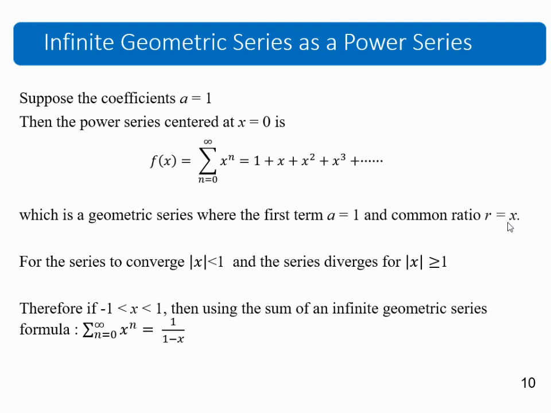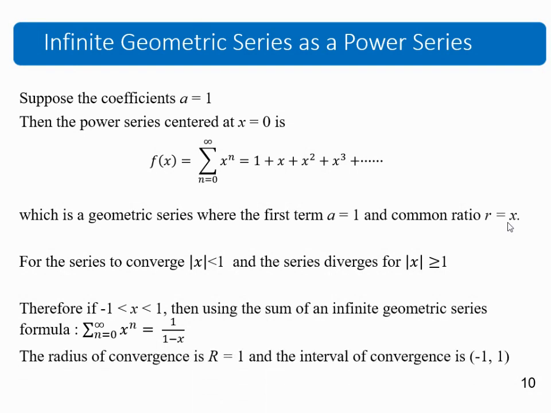And if you want to find the sum, the formula for the sum is 1 over 1 minus x, using the formula that we use for an infinite geometric series, a divided by 1 minus r. And so the radius of convergence is r equal to 1, which we get right over here.